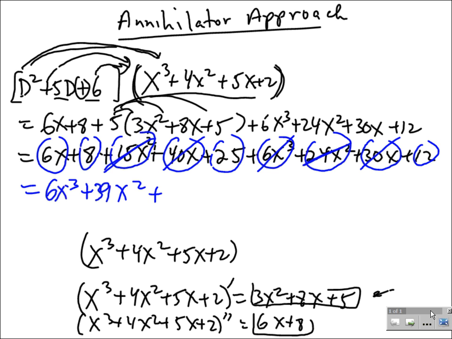But for some reason, I think that's wrong. Okay, let's see what went wrong. Well, nothing went wrong. We have 40 and 30 is 70.